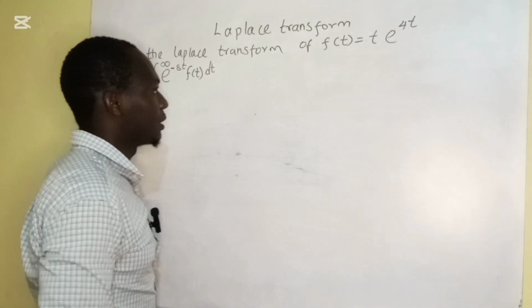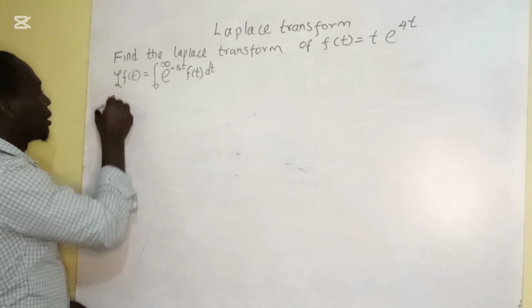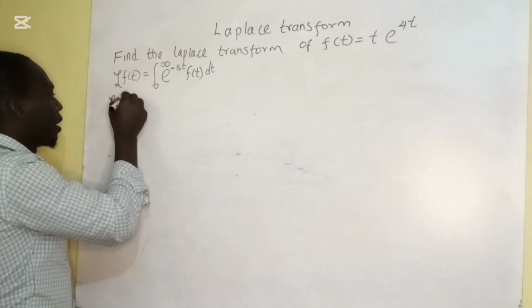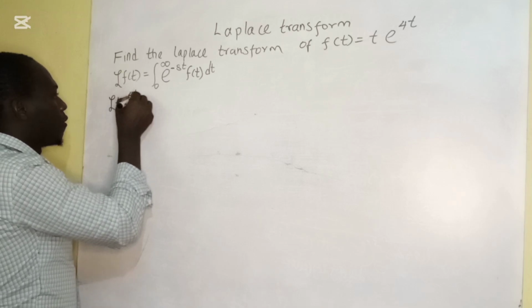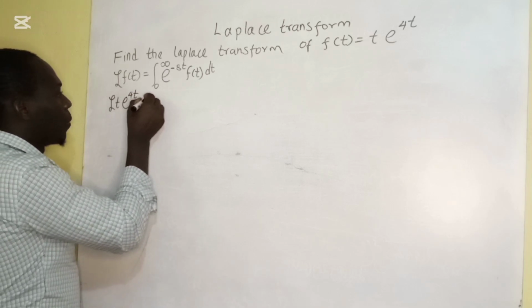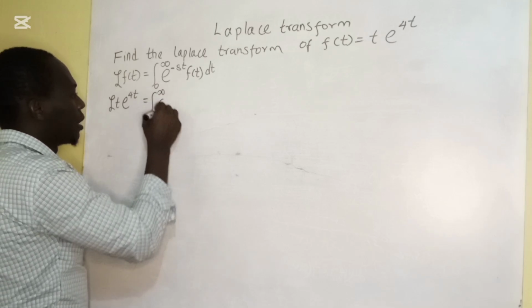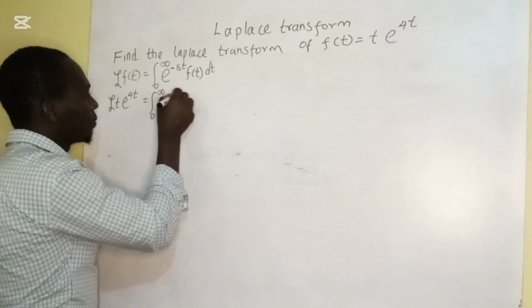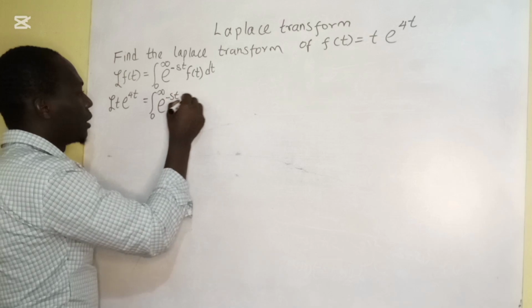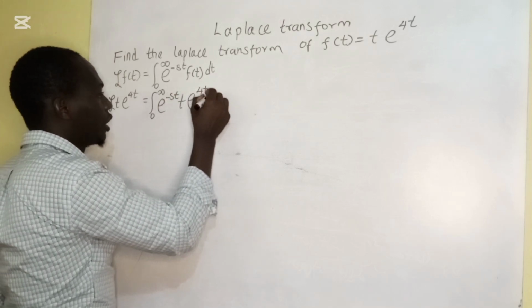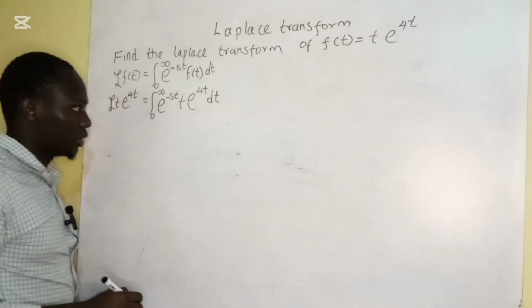On the other side, we can say the Laplace transform of f of t equals t e to the 4t, which is equal to the integration with respect to our limits of e to the negative st multiplied by t e to the 4t, and our integration is with respect to dt.